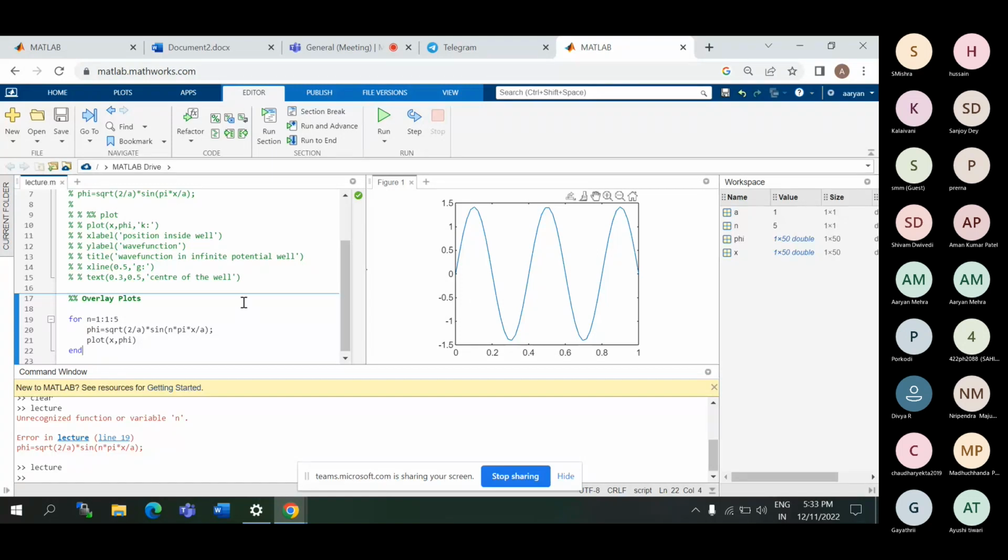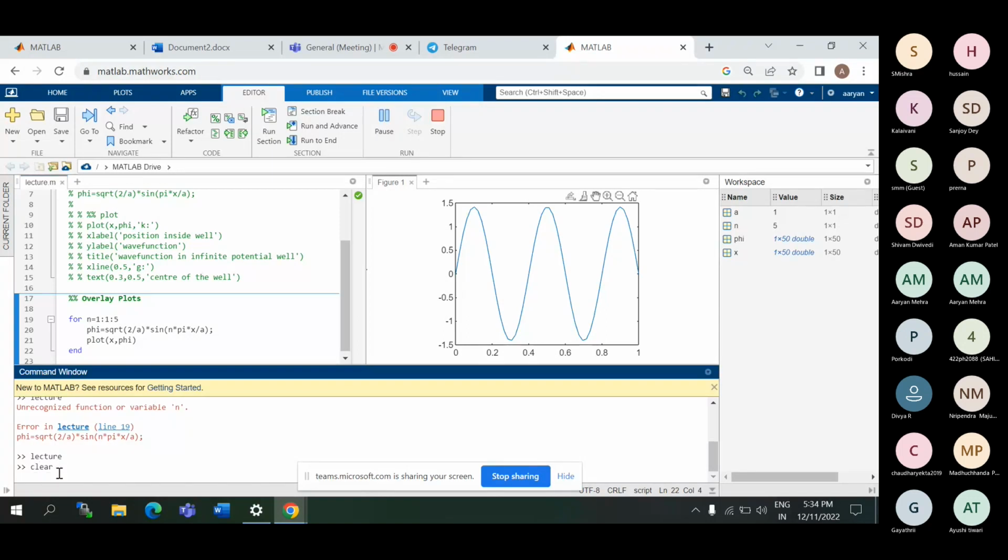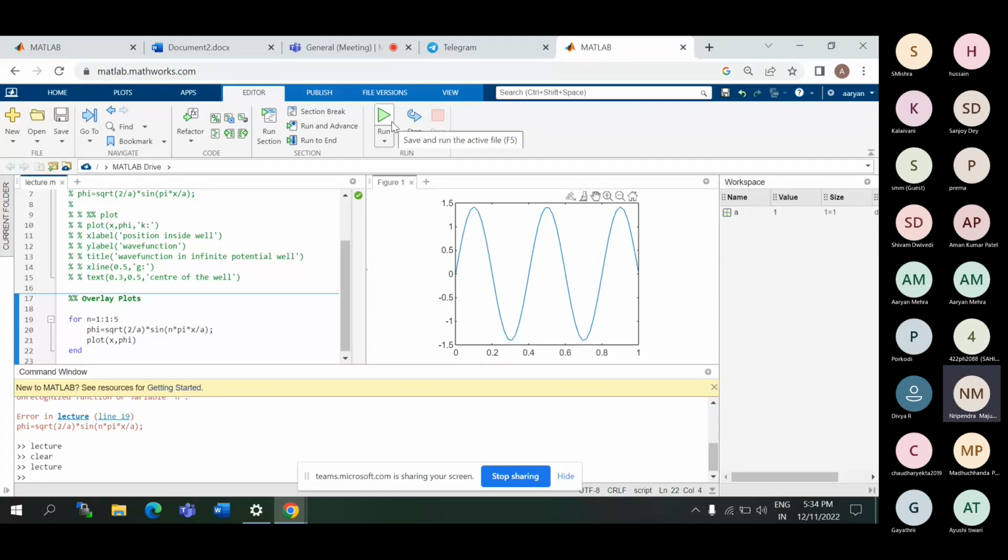Is it 5 plots or just 1 plot? Just 1 plot. For which n is this plot? For n equals 5. Can you all agree with that statement that it is for n equals 5?